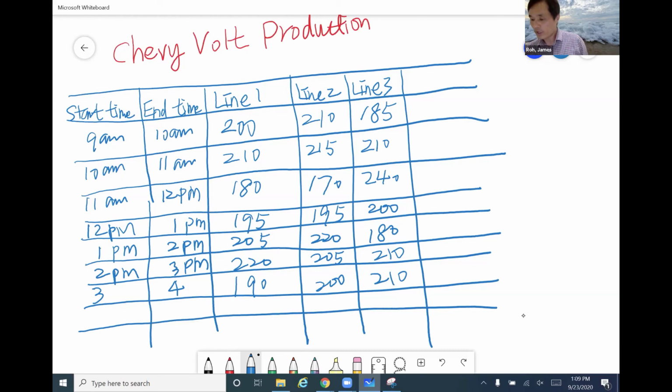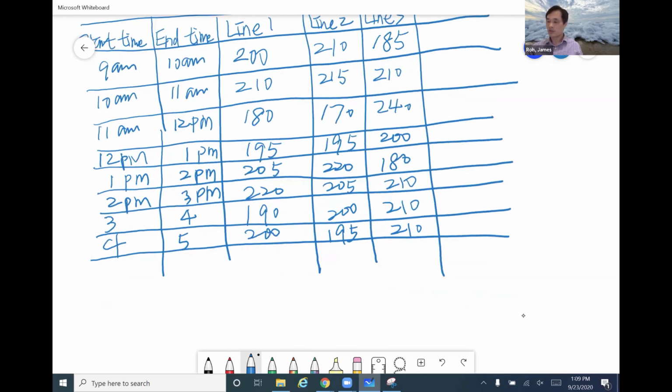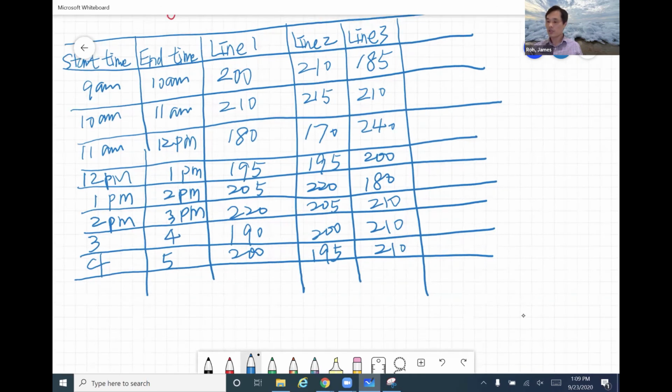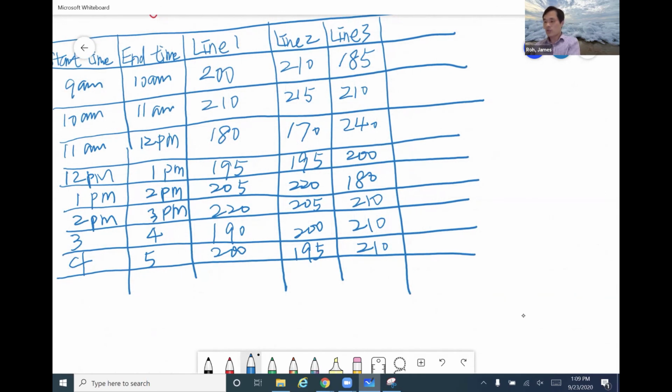Lastly, 4 to 5, 200, 195 and 210. Okay, so it was a lot of work, but this is the practice in real business that they measure everything, and that's what you have found.